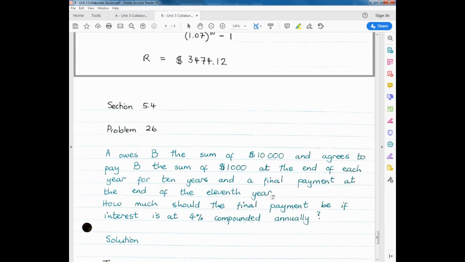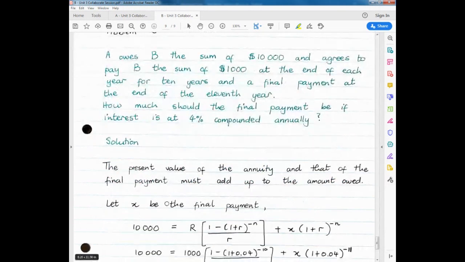Okay, so we need to then figure out what the final payment is if interest is at 4% compounded annually. Okay, so think about it this way. In this case, we want the annuity and the final payment added together to be equal to 10,000.